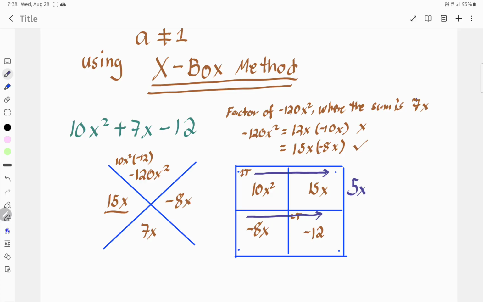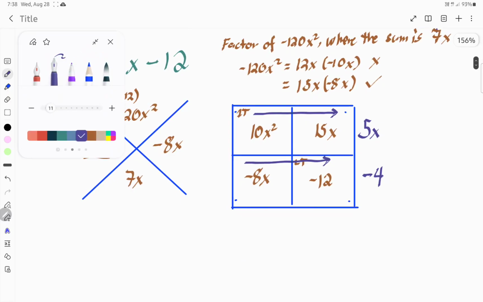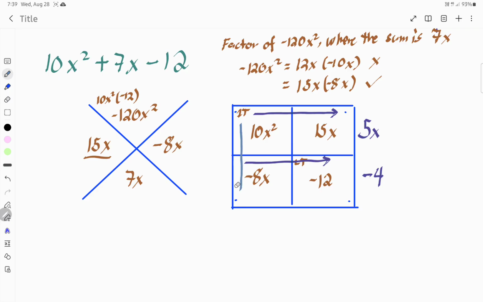What's common between negative 8x and negative 12? I think that is negative 4. Now, working with that here, I'm going to use another color pen so that we have a direction. So, going down, what's common between these two? I think that is 2x.